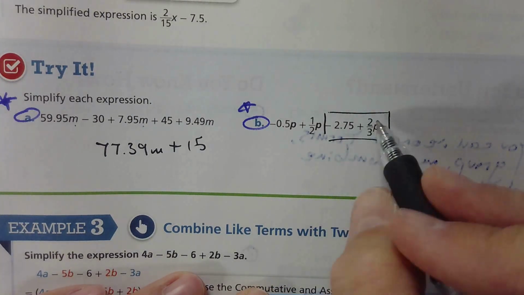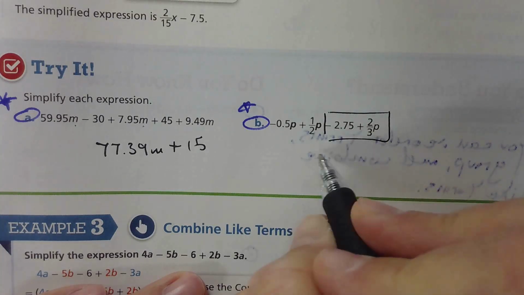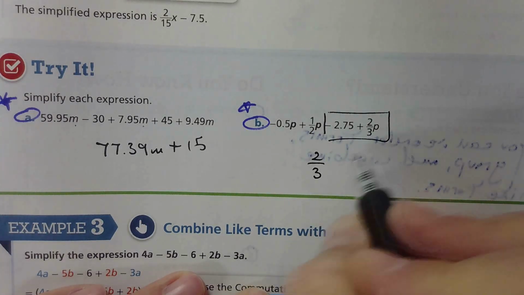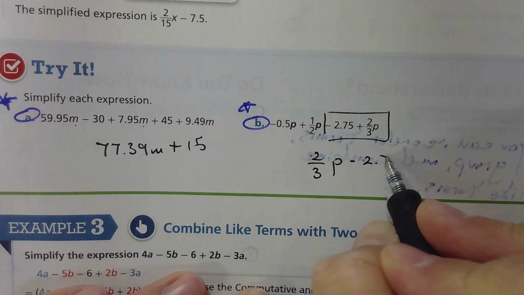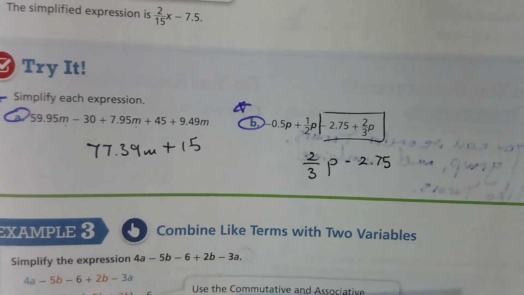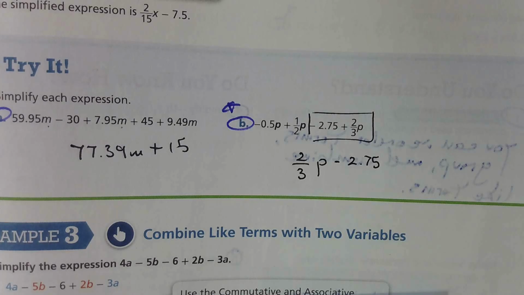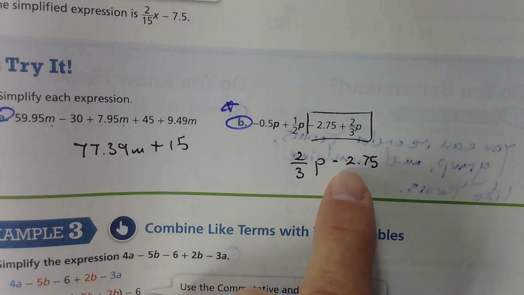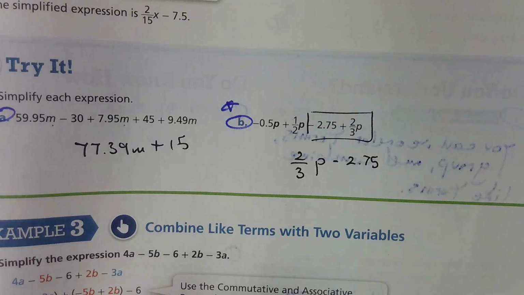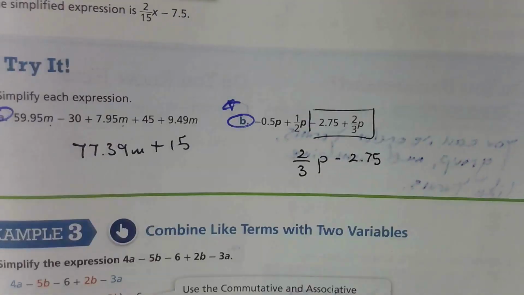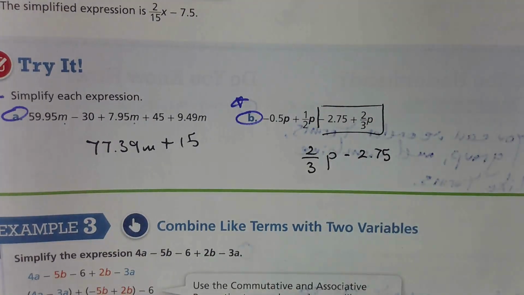If you put the 2/3 p first, then you would just be subtracting 2.75. But if you want, you would just do negative. Yes, exactly. Adding, like, 1 plus negative is the same as 1. Okay. Questions on that, anybody?